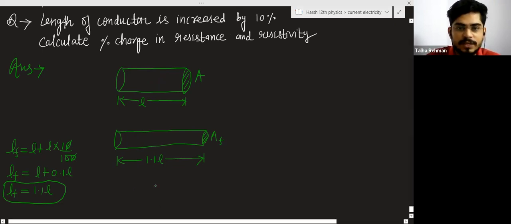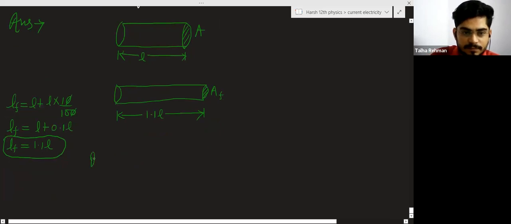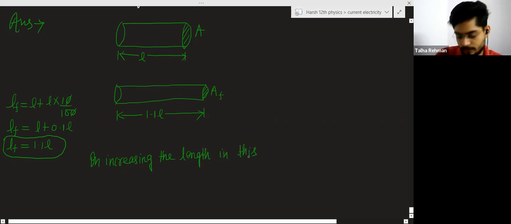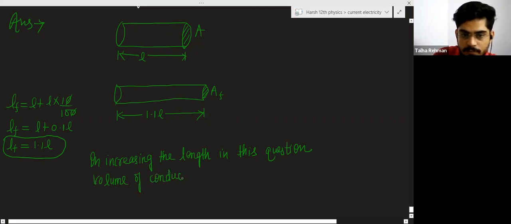So in this question, on increasing the length, the volume of the conductor will remain the same.